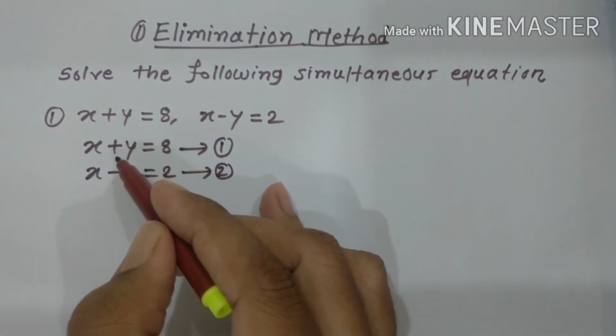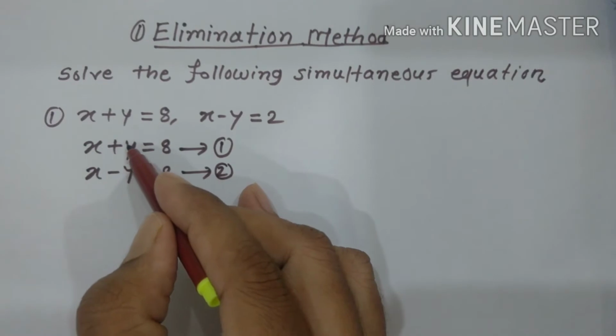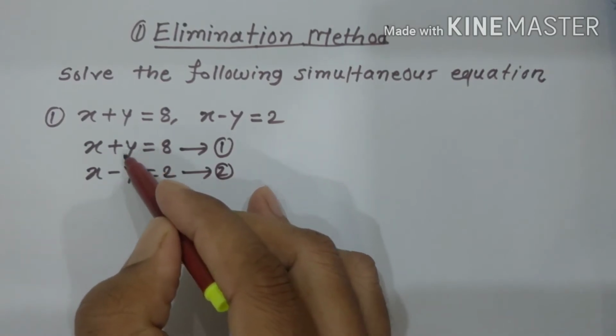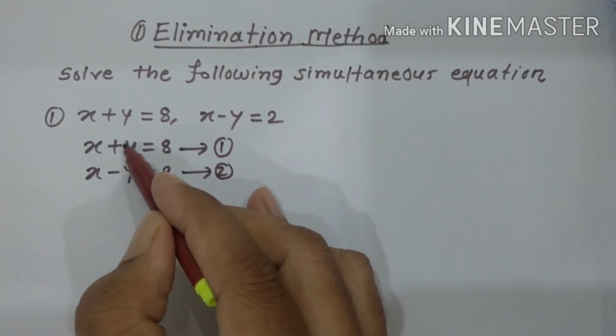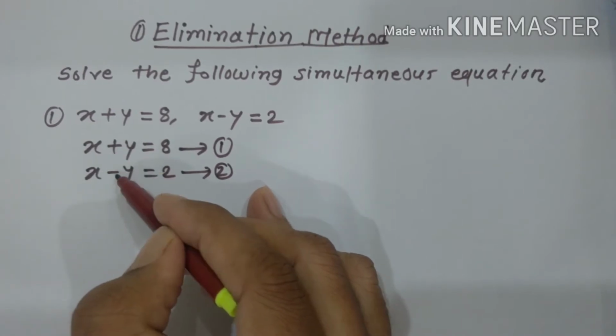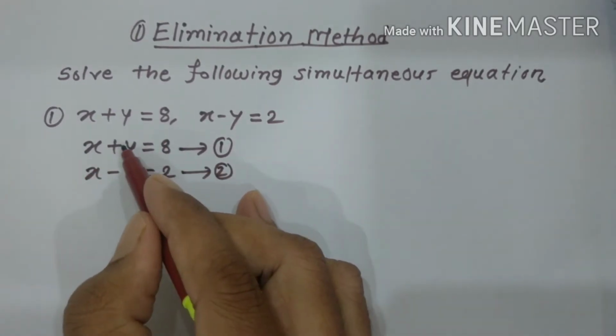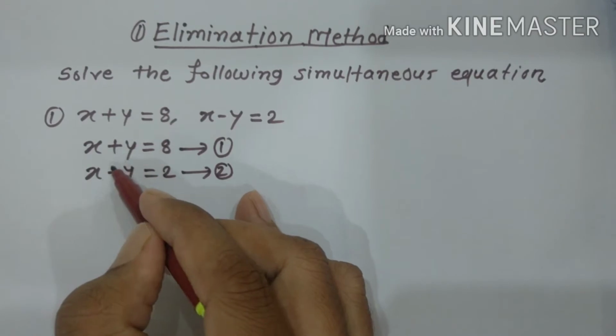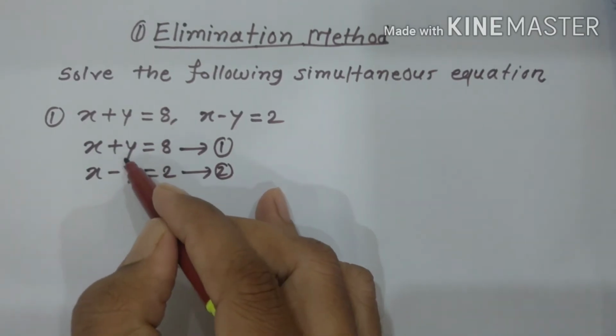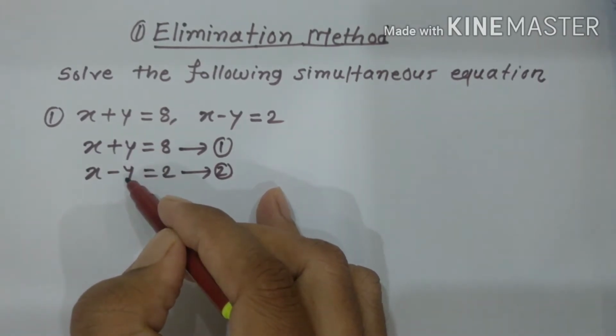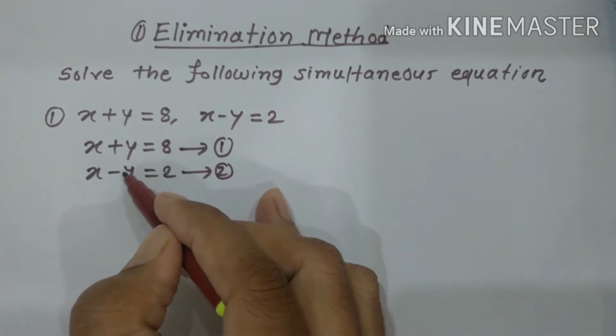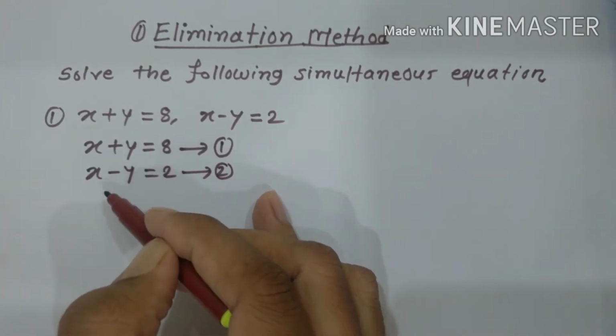Here you can see that the coefficients of y are the same but the signs are different. If the coefficients are the same and the signs are different, you can add equation 1 and equation 2. When you add, the variable y is cancelled.